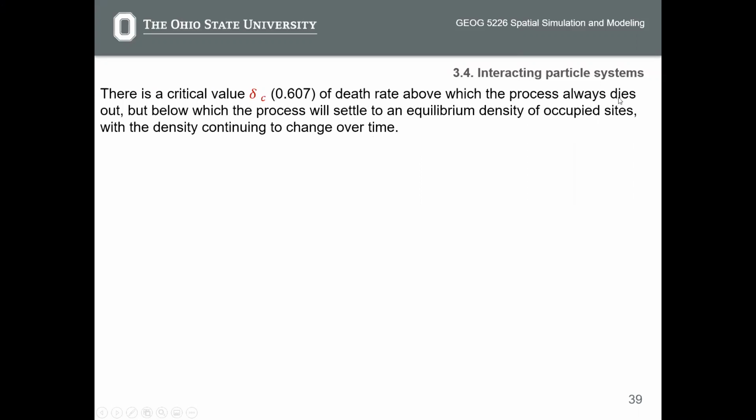What does it mean by dies out? It means no cell is going to be alive in the end. What does it mean by equilibrium? It means that there are always living cells, and the density of living cells or occupied sites changes over time, but there are always occupied or living cells. They're not going to die out or go extinct.